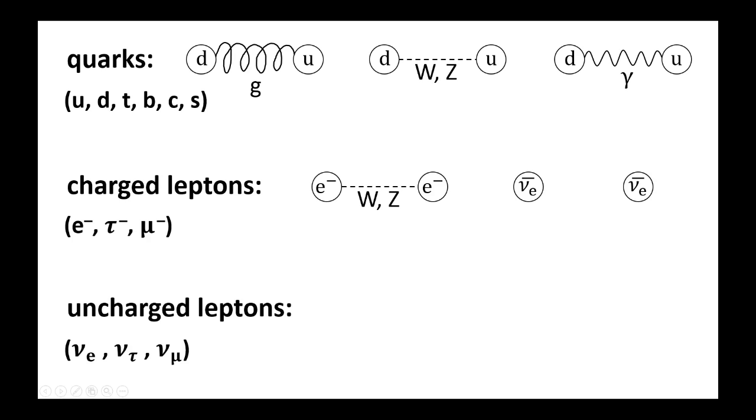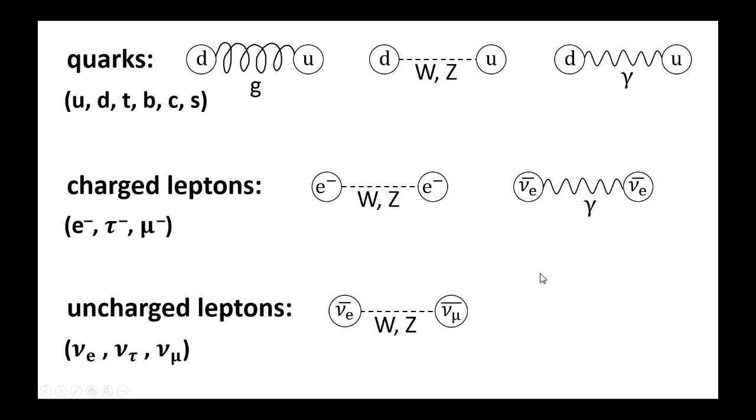They can interact via the electromagnetic force, so this would have to be a photon. Uncharged leptons are the exact same, except because they have no charge, they cannot participate in the electromagnetic force. So all they can do is interact with W and Z bosons via the weak nuclear force.